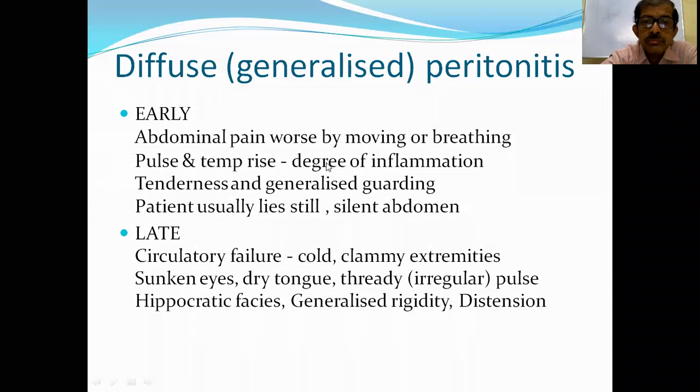Then pulse and temperature, already I told you about this. Initially there will be a rise in pulse and temperature. Tenderness and guarding will be there. Patient lies still, silent abdomen, peristalsis is hampered. Whereas in the late phases, there will be circulatory failure, cold and clammy extremities.